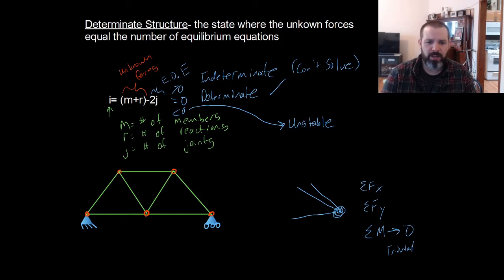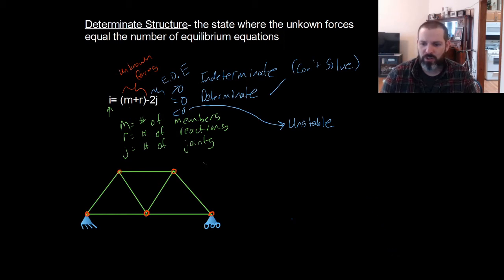Now, if I were going to come down here and determine if this truss is determinate, indeterminate, or unstable, I'd go through here and count the joints. In terms of joints, my joints are red. I have 1, 2, 3, 4, 5. So j equals 5.